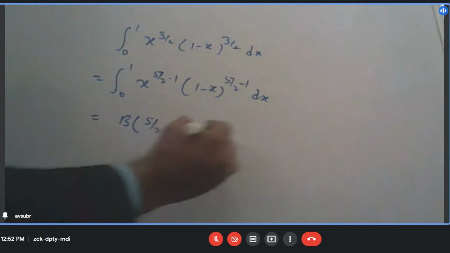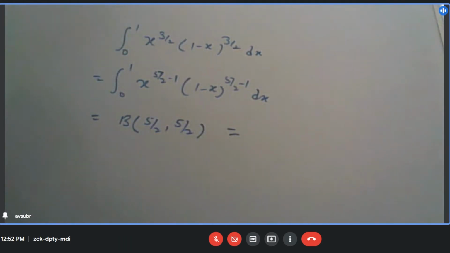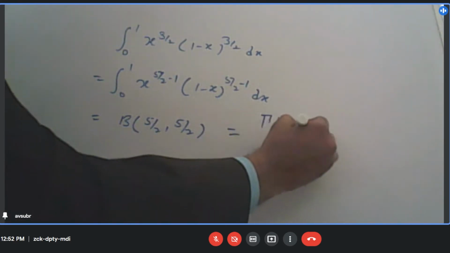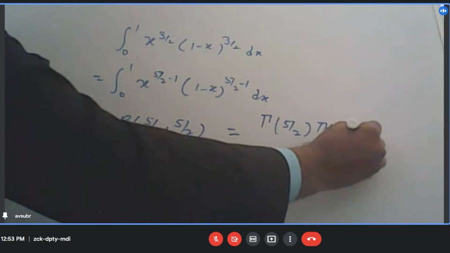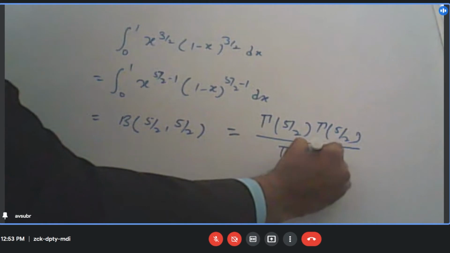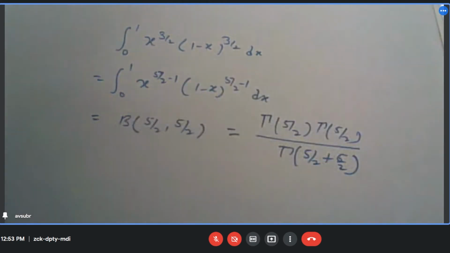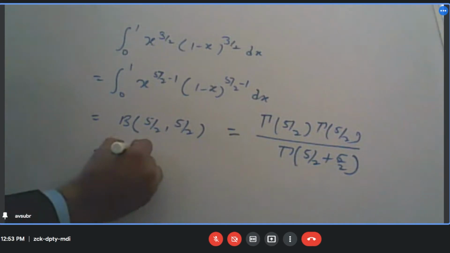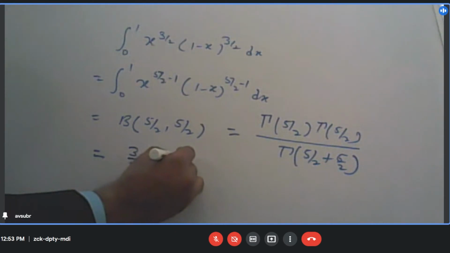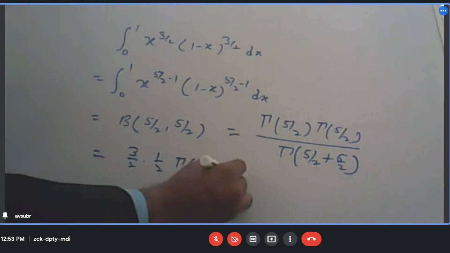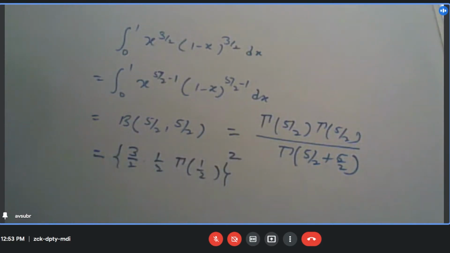Okay, we also know the formula for the relationship between beta and gamma functions. So here it is gamma 5 by 2 gamma 5 by 2 by gamma of 5 by 2 plus 5 by 2. Is it okay? So this is equal to 3 by 2 into 1 by 2 into gamma 1 by 2 whole squared, by factorial 4.